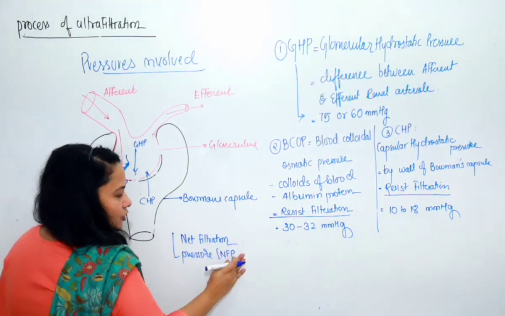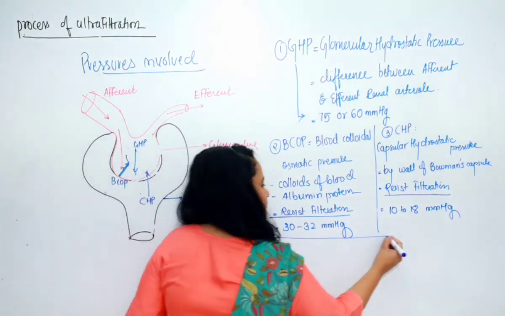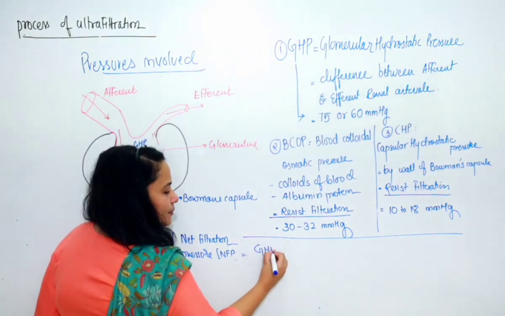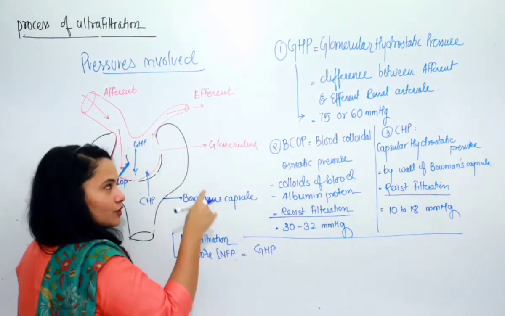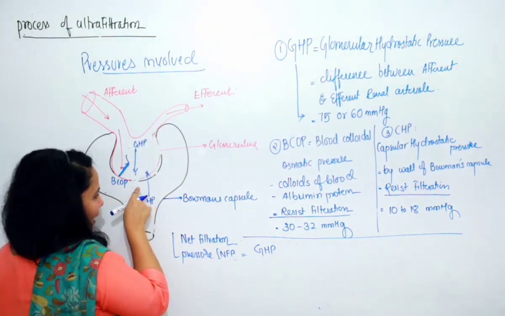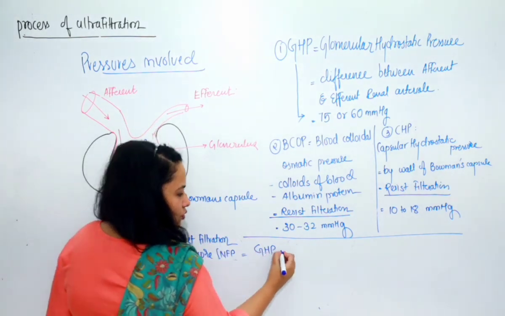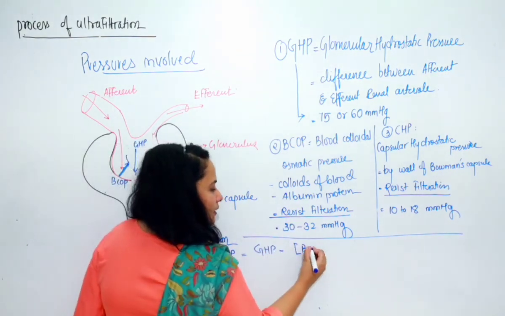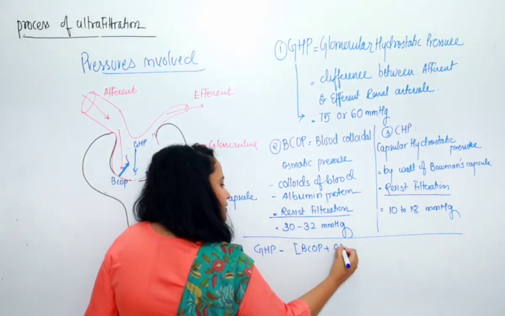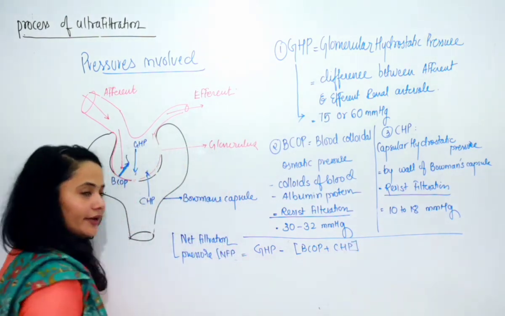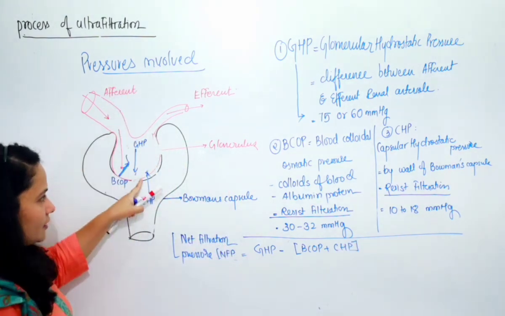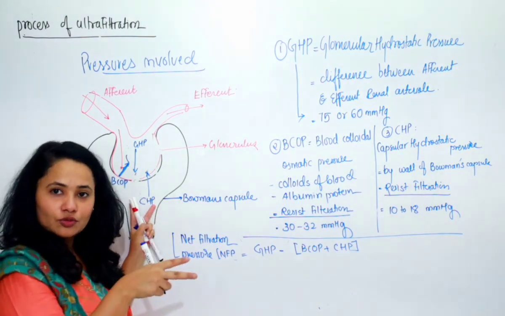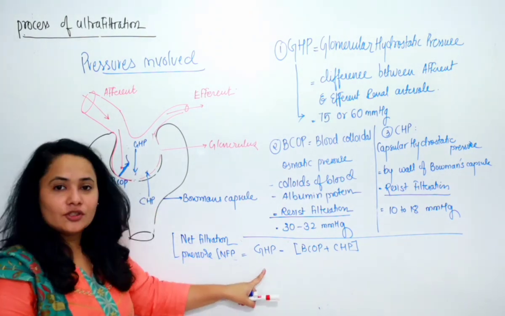NFP is equal to GHP, that is this first one which is in the positive direction, minus these two, that is BCOP plus CHP. I repeat again, this one is in this direction, these two are in the opposite direction, so we will take the addition of these two, subtracting it from the GHP.